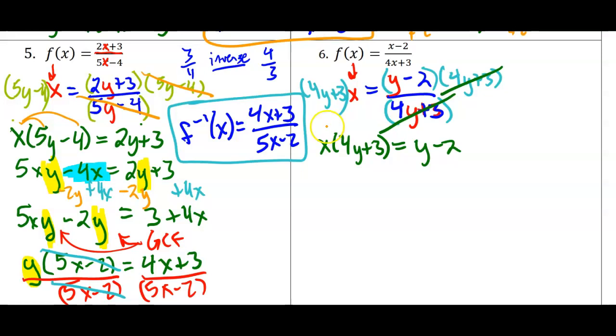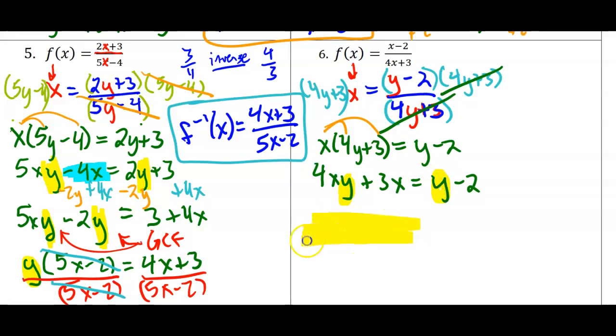So next step, distribute the x. 4xy plus 3x equals y minus 2. Next thing, y needs to be all on the left. So the quantity 4xy is already on the left, so I just need to rewrite that.